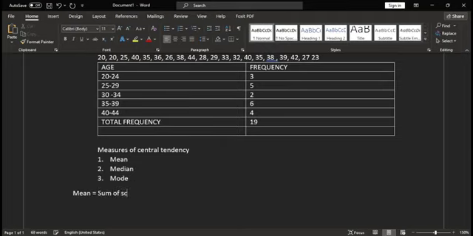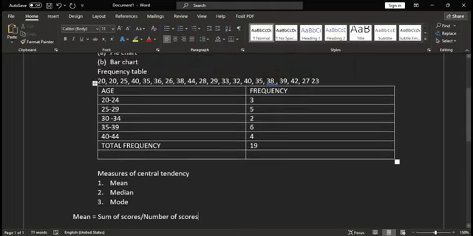Sum of scores divided by number of scores. Here we have, we corrected this and we have 19, right? This is 3 plus 5 is 8, plus 2, 10, plus 6, 16, plus 4, 20. So our frequency here is 20. Total frequency.